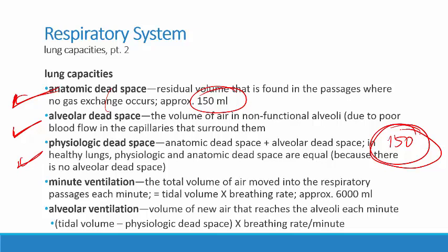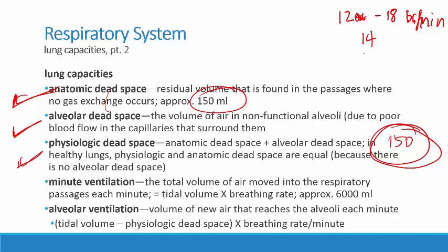Okay, and then there's two ventilation terms. There's the minute ventilation, and that's the total volume of air moved into the respiratory passages every minute. So if we have somewhere between 12 and 18 breaths per minute, we could choose a number. We could say 14 breaths per minute.